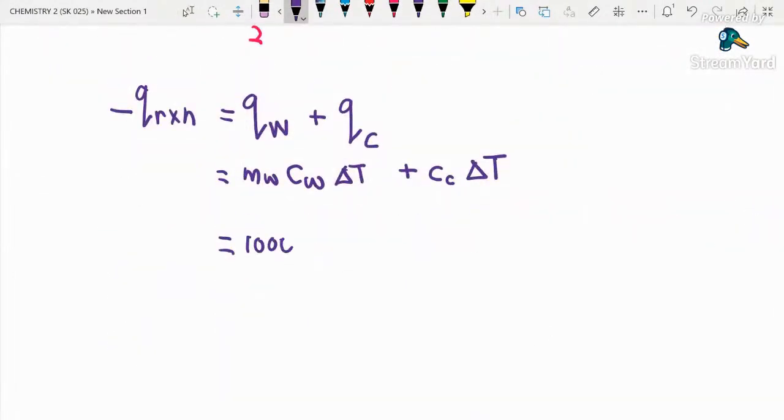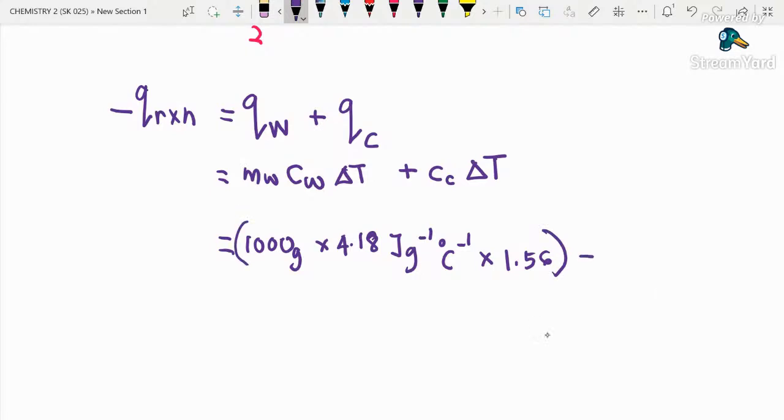So 1000 gram times 4.18 per gram per degree Celsius times 1.56, plus 958 times 1.56.